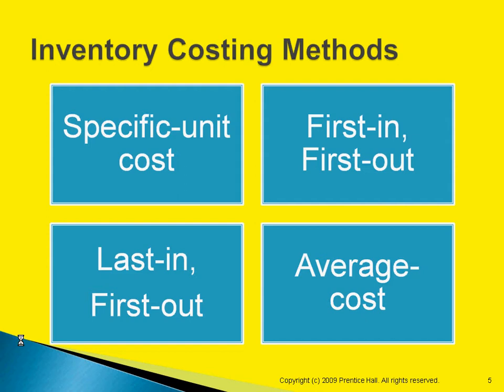So, on slide 3, we're talking about 4 types of inventory costing methods for merchandise inventory: specific unit cost, FIFO, LIFO, and the average cost.